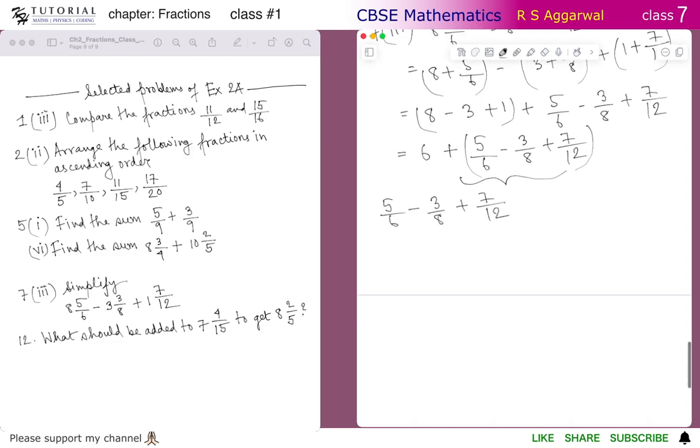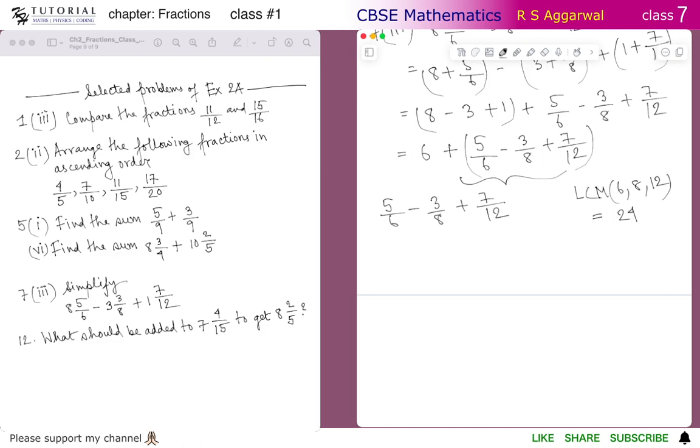So we have unlike fractions. We will first convert them to equivalent fractions having the same denominator. The same denominator will be the LCM of 6, 8 and 12. So LCM of 6, 8 and 12, I guess, is 24.